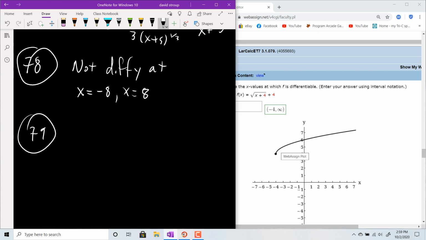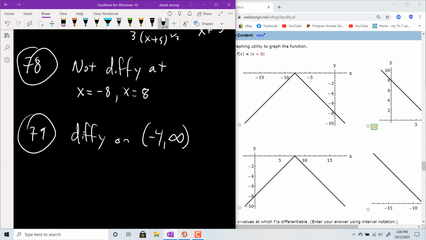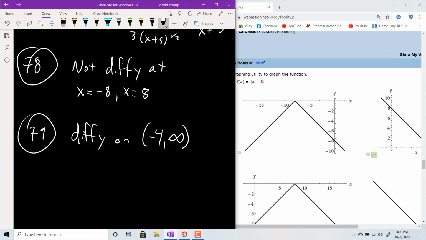So those two issues force it to only be differentiable on the interval from -4 to infinity. You don't include -4. And again, this one is not differentiable at its cusp. Whenever it has a corner, it's not going to be differentiable.